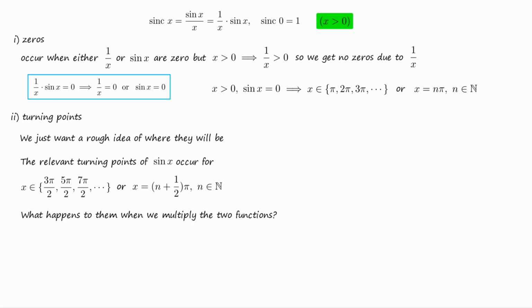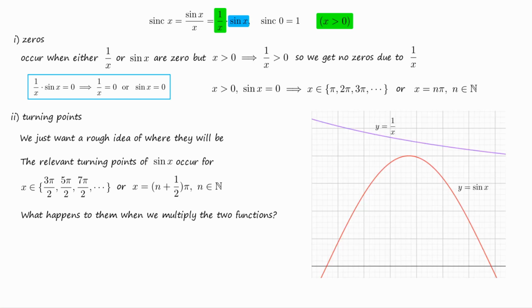And we can locate the turning points of sinc x by considering what happens to the turning points of sine x when we multiply the two functions, being 1 over x and sine x. And here we have representative portions of the 1 over x curve and sine x curve near a turning point. And please note that these graphs are not to scale.